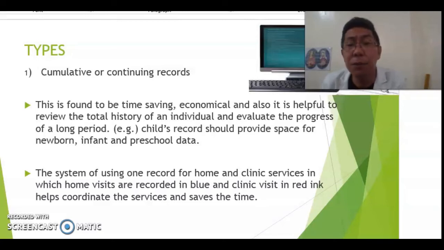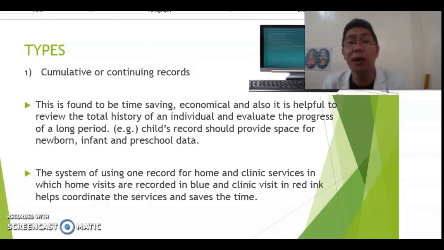So the system of using one record for home and clinic services, in which home visits are recorded in blue and clinic visits in red ink, helps coordinate the services and saves time. Sometimes they provide a way of determining what the different services are, whether home or clinic, so they use different ink or different colors of the card.